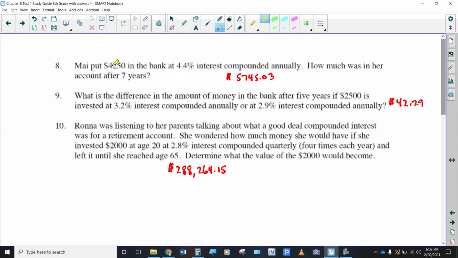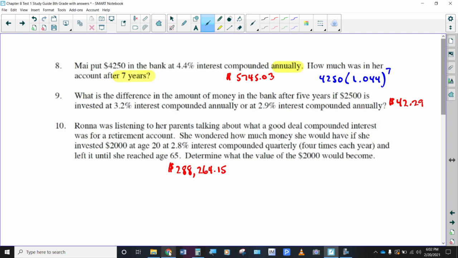All right, I put $4,250 into an account that paid 4.4% interest, annually, and for 7 years means the formula is going to be our principal times 1 point, and then this as the decimal would be 0.044, raised to the 7th power.